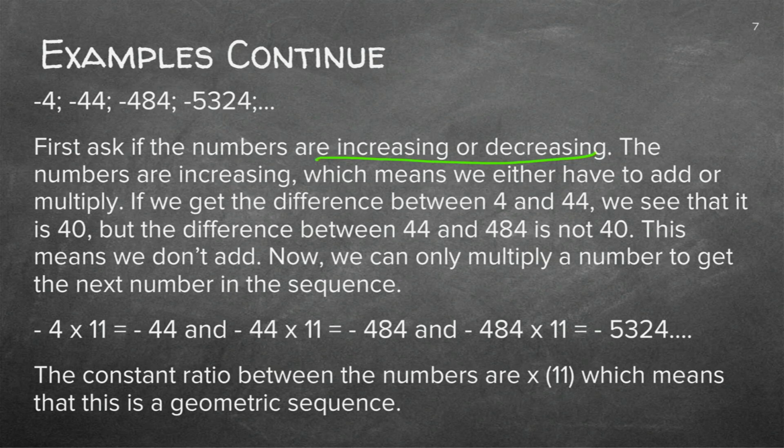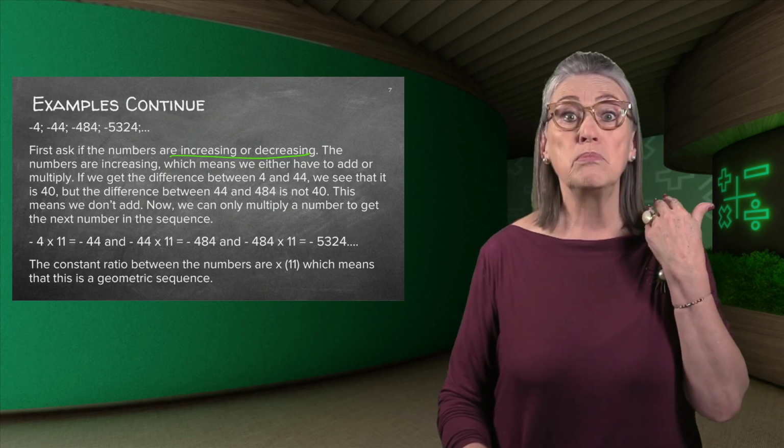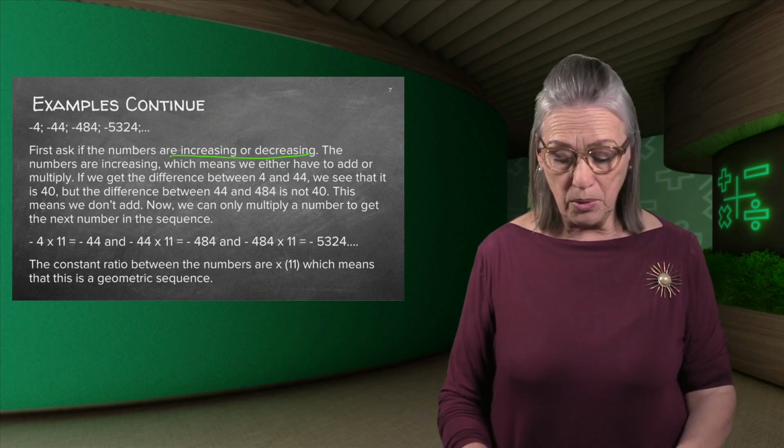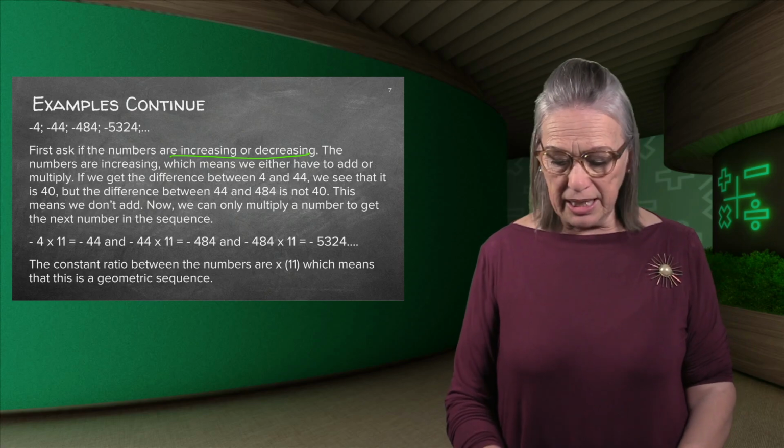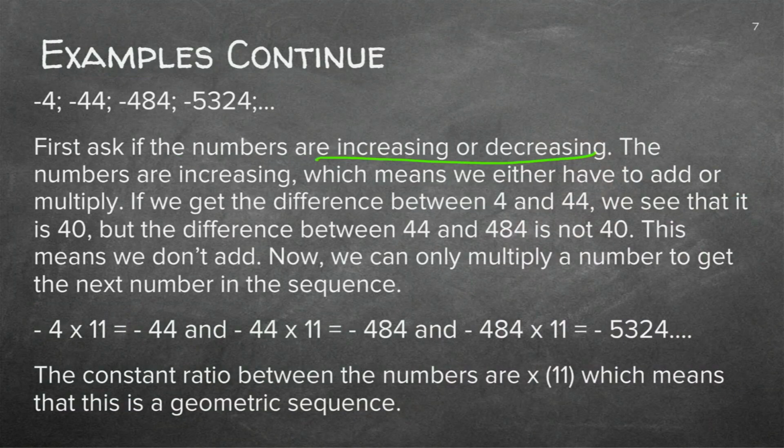In order for them to increase, we know we have to multiply with a number. The numbers are increasing, which means we either have to add or multiply. If we get the difference between 4 and 44, we see that it is 40, right? But the difference between 44 and 484 is not 40.